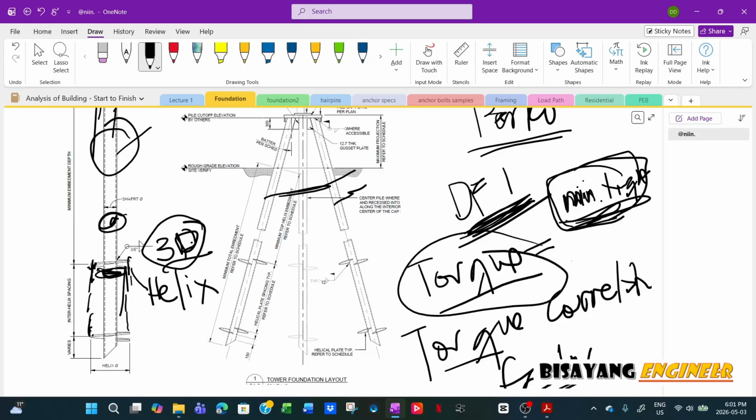So the geometry is almost the same. That's the thing with designing this: it really depends on how you interpret the whole report, how you do the geometry. For example, in design you could have a double helix, two helical plates, say 236, or you can have 320.